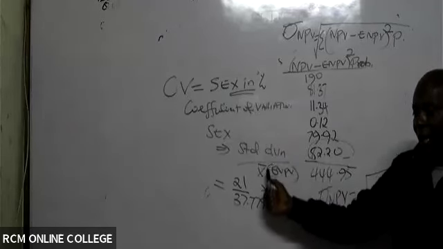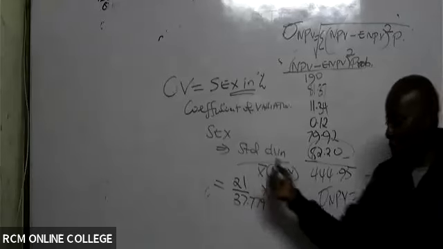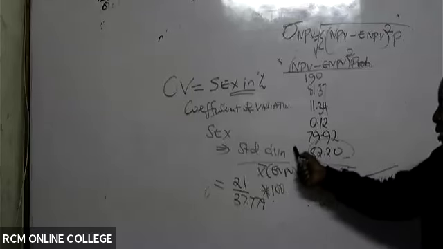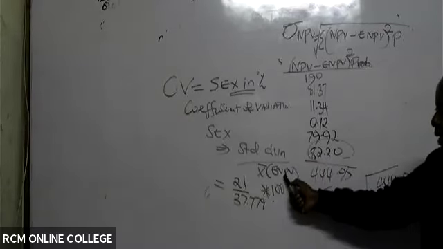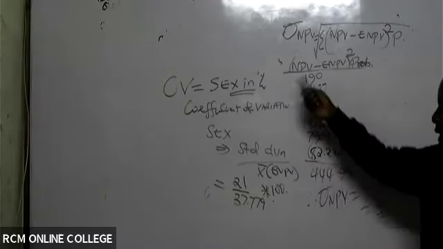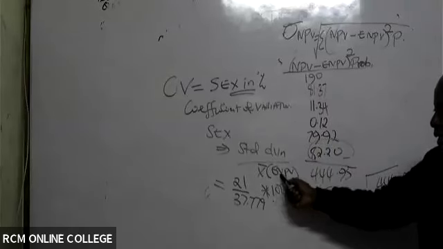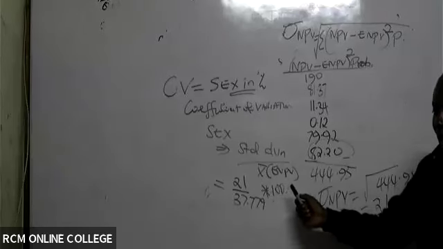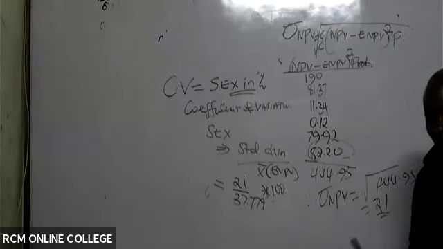The standard deviation is 21, over X bar, which is the expected net present value, 37.779, times 100, which gives us 55.84. And I've just said, the higher it is, the higher the risk. So I hope, Eric, that is okay.